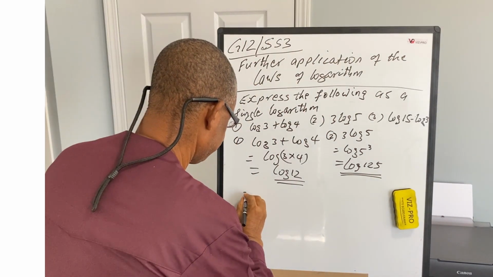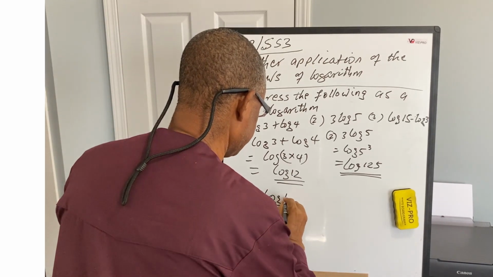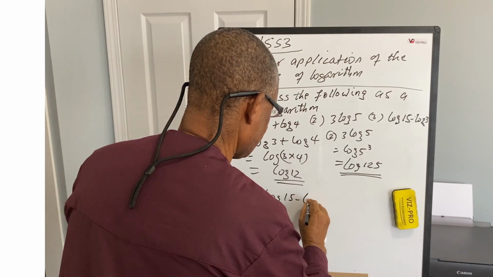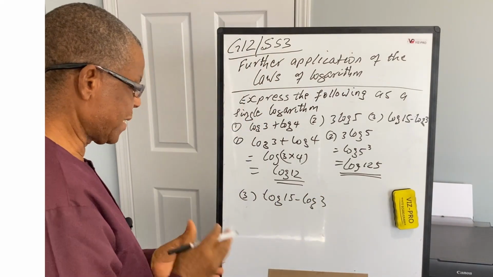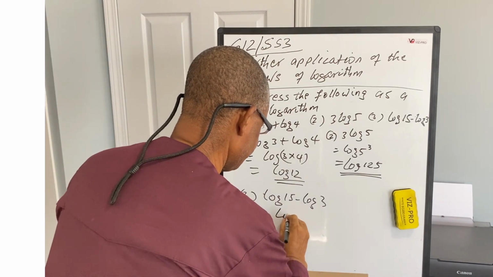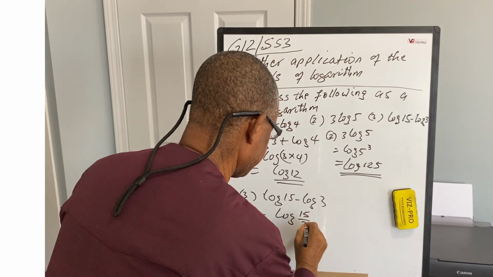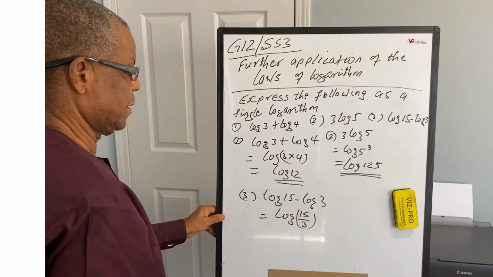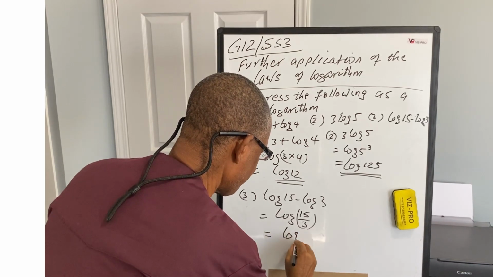Number 3, where we have log 15 minus log 3 to be expressed as a single log. This is log 15 divided by 3, and that will give us log 5.